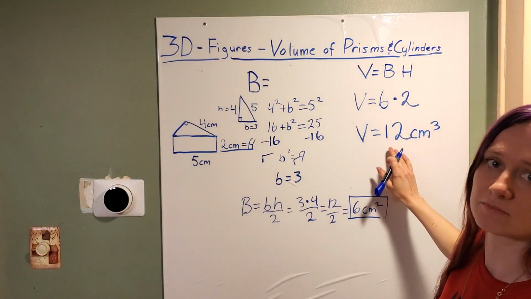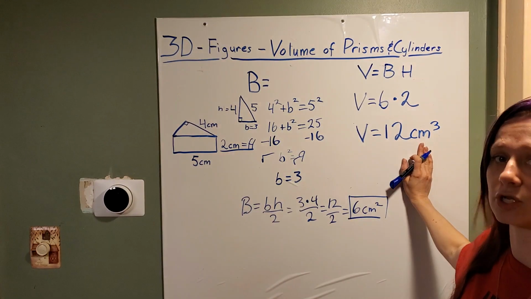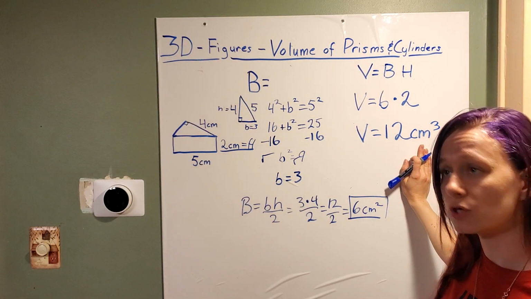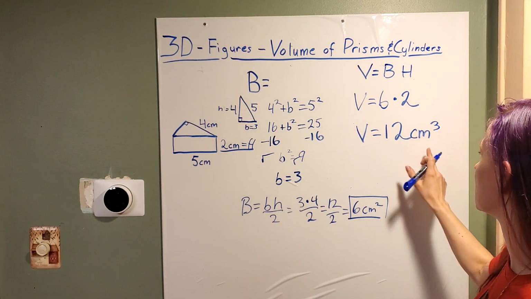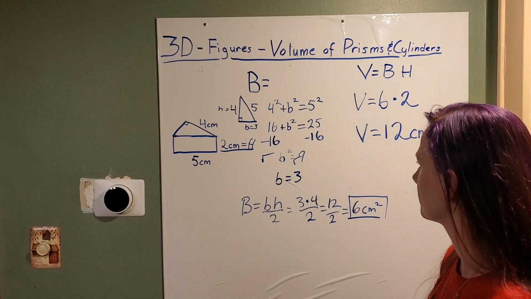So it's going to be 6 times 2 is 12 centimeters cubed. Volume is always units cubed, because I had centimeters squared times centimeters again gives me centimeters cubed.